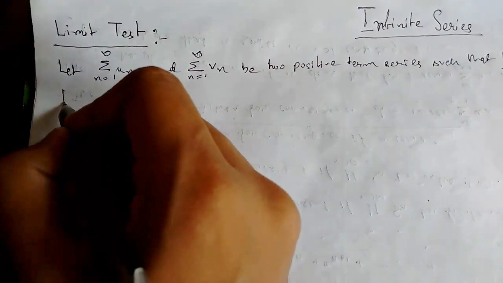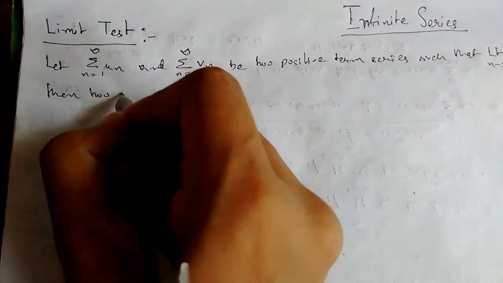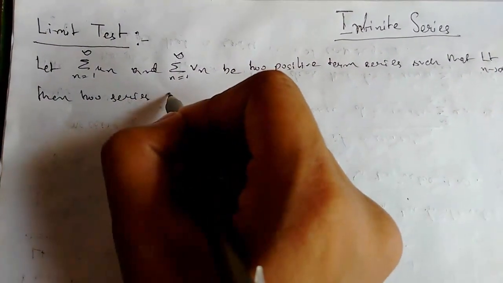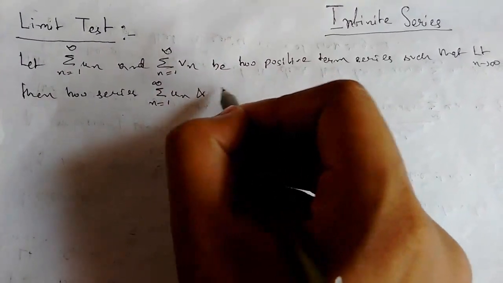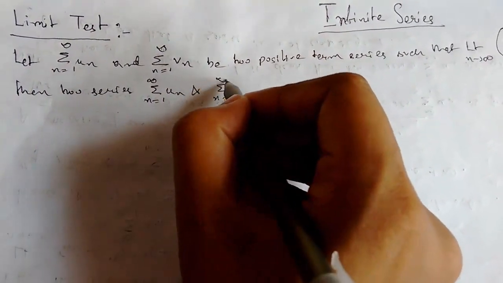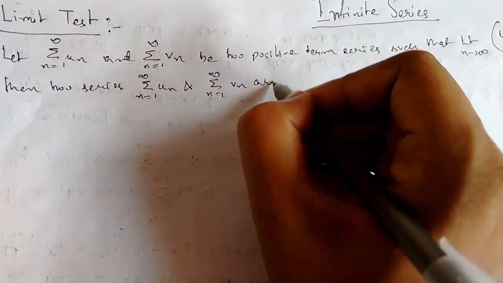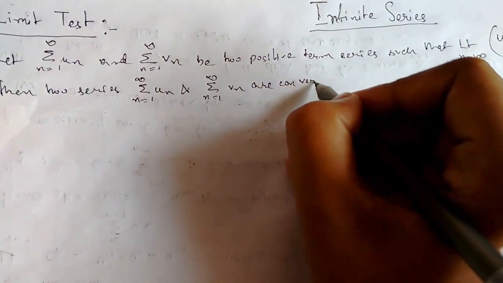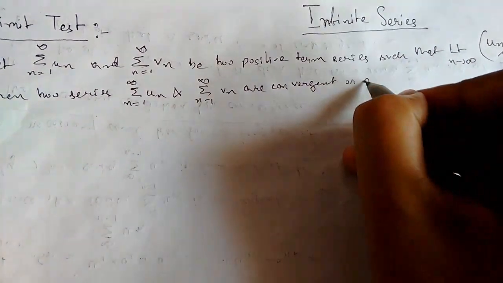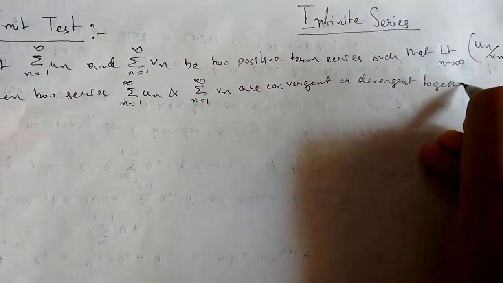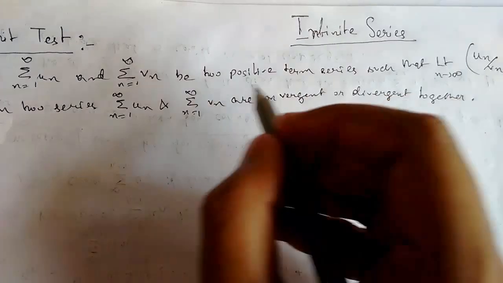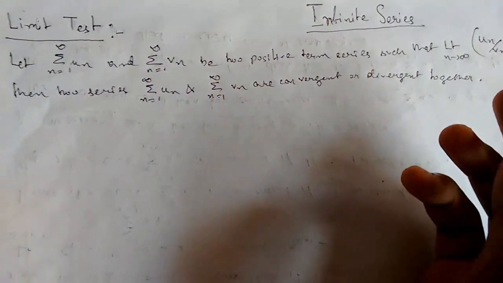Then the two series are either convergent together or divergent together. The word together means that both will be convergent or both will be divergent.